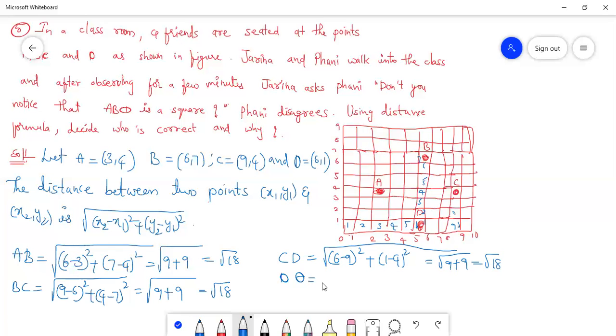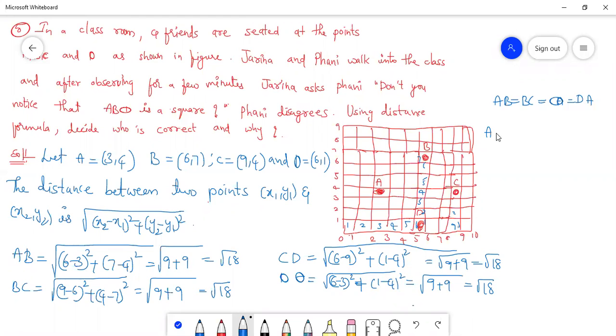DA is equal to under root of (6 minus 3) whole square plus (1 minus 4) whole square. It is equal to under root of 6 minus 3 is 3, square is 9; 1 minus 4 is minus 3, whole square is 9. It is equal to root 18. Here AB equals BC, CD equals DA. All sides are equal.